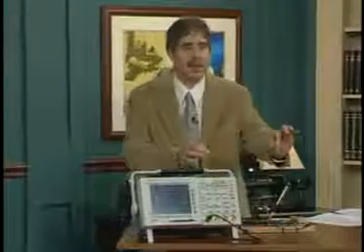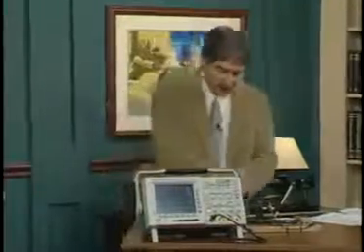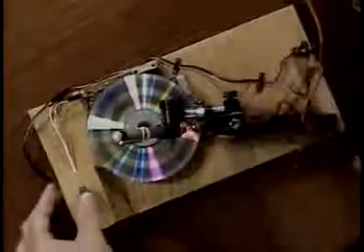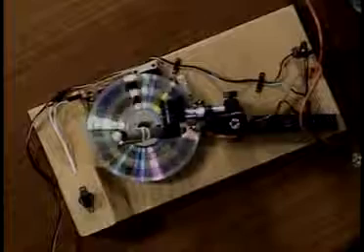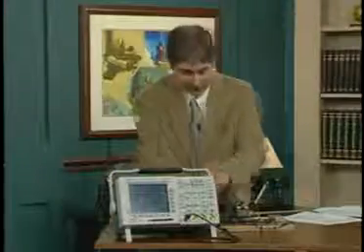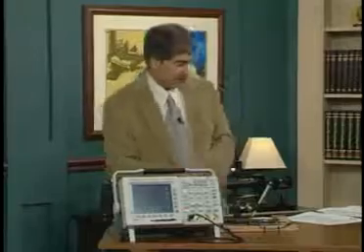It wasn't just a monotone, and that variation corresponded to the variations in the sizes of the pseudo pits that my student has written on here with black magic marker. By the way, if I connect the loudspeaker again and turn the device off, you hear it slowing down, something you don't hear from your usual CD player.